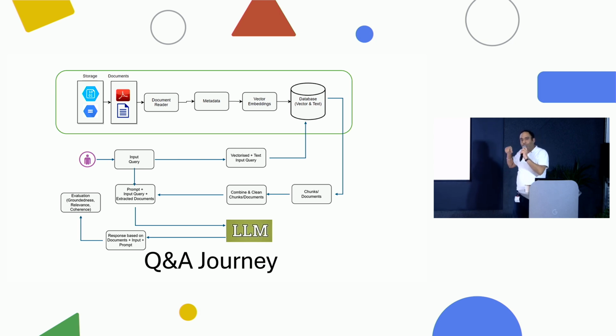Relevance is how close the answer generated by the LLM is to your question. If you ask, where is Google's office? The answer is, Google office is right at the corner. So these are related: question and answer are related.